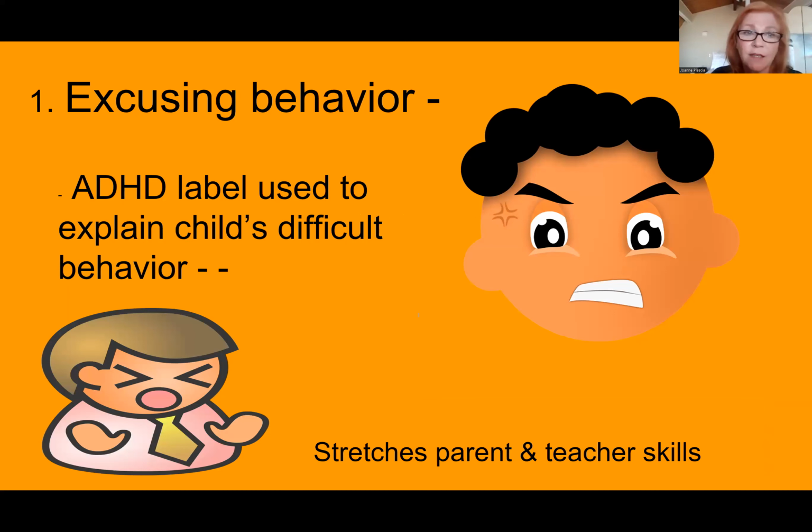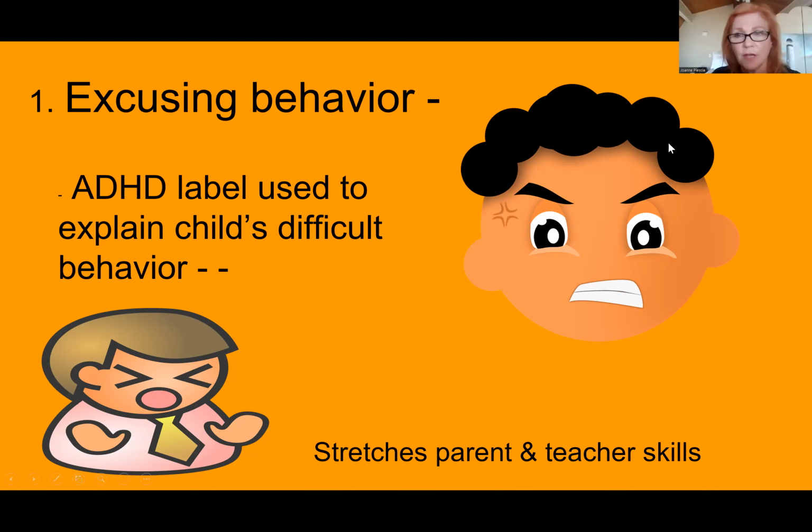Okay, so the ADHD label oftentimes can be used to explain a child's difficult behavior. And some children have other issues, a learning disability, a behavioral disorder. They could even be mildly autistic and show difficult behaviors that you're quick to say are ADHD. It can also be that a child has learned that certain behaviors get them what they want, and so it becomes part of an excuse.